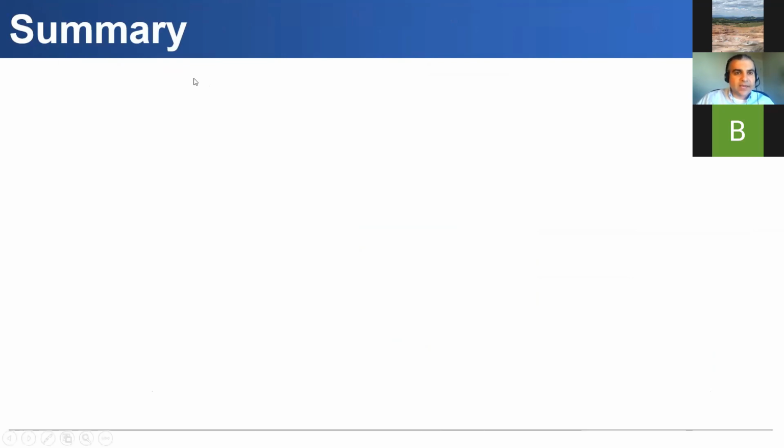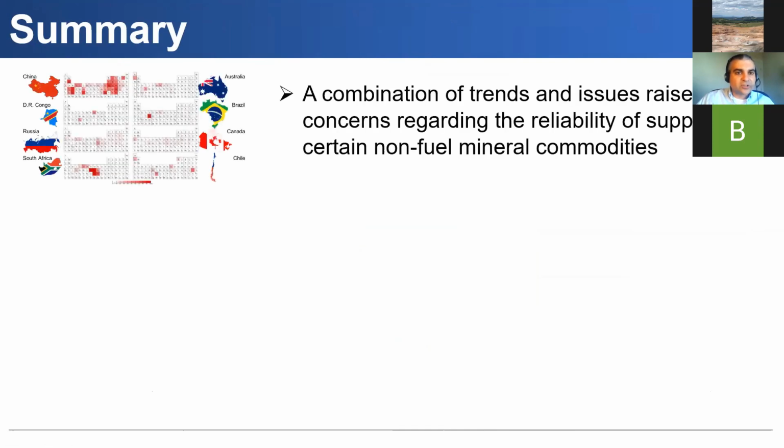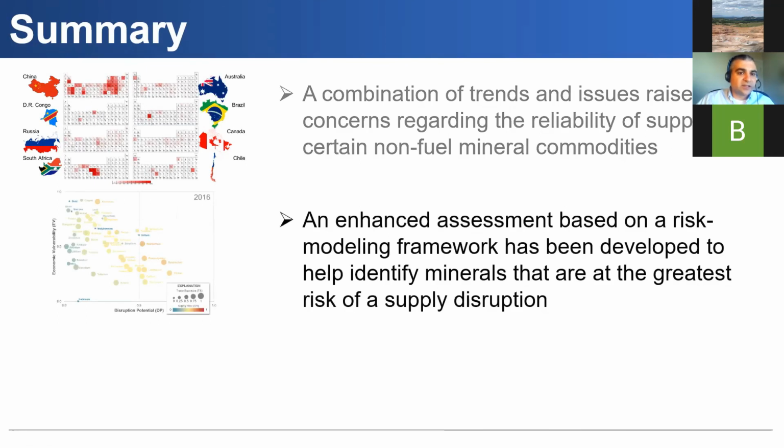I'll wrap up here and we can open it up to questions. I see that there are already several questions in the chat box, but let me quickly summarize. There's a combination of trends and issues that raise concern regarding the reliability of supplies. Most of these stem from the fact that production is becoming more and more concentrated in a few countries. It becomes doubly problematic if those countries are unable or unwilling to continue to supply the United States.